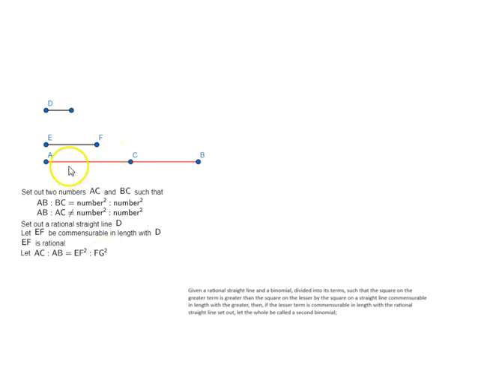And we have to find it in such a way that it satisfies this proportionality: AC is to AB as the square on EF is to the square on FG. We know how to do this. So let's construct it.